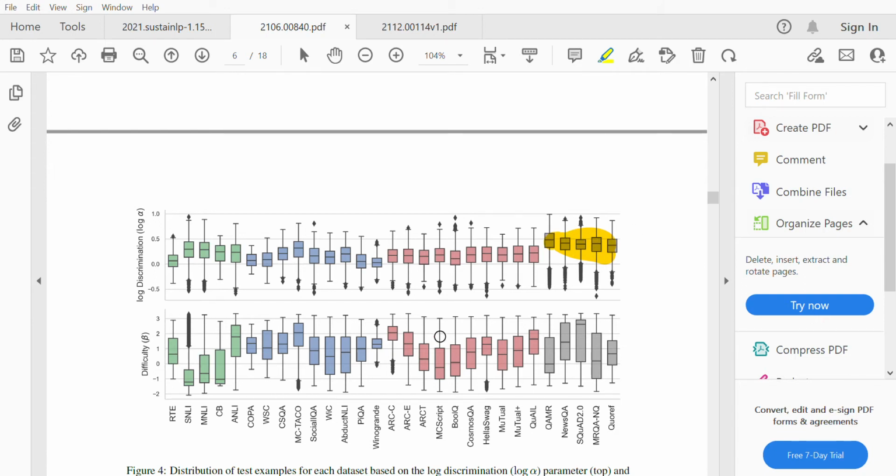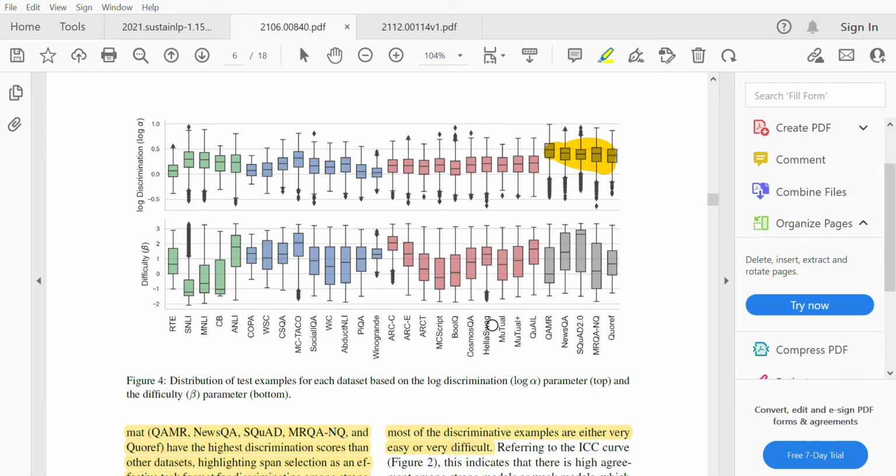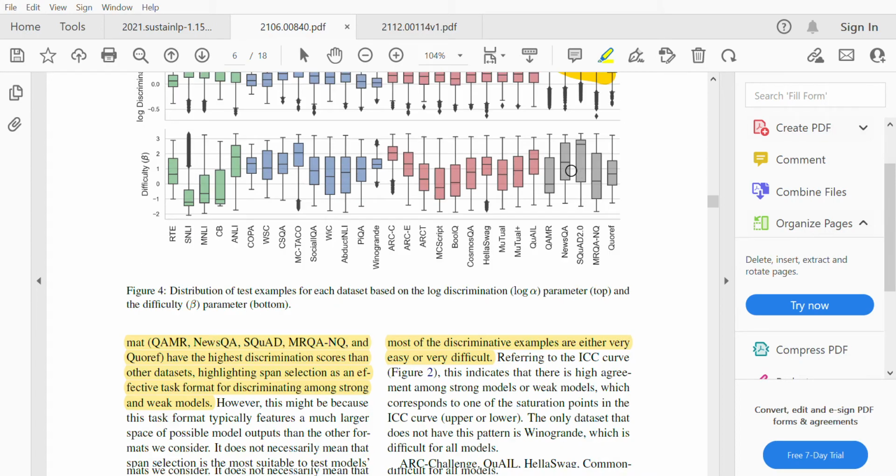The difficulty parameters, as you can see, are much more variable across different data sets. I don't think there's any clear indication that any particular data set is worse or better across the board, as opposed to the case when we look at discriminative capabilities for these QA data sets.